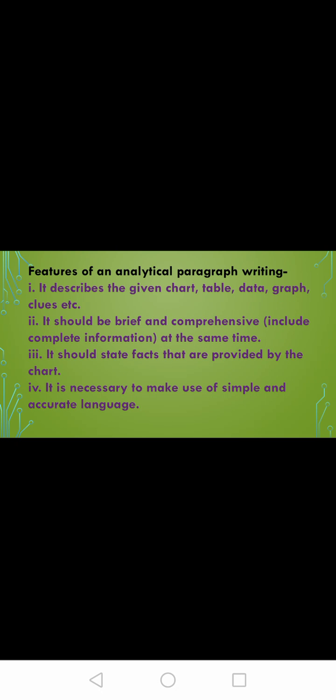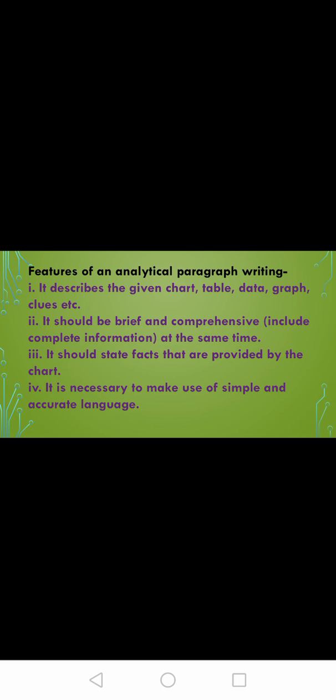Marks is 5. Now let's see the features of analytical paragraph writing. Point number 1: it describes the given chart, table, data, graph, clues, etc. For writing an analytical paragraph, you have to describe. What are you going to describe?